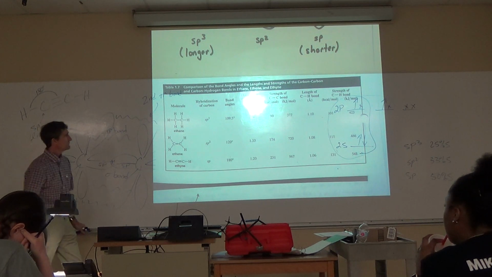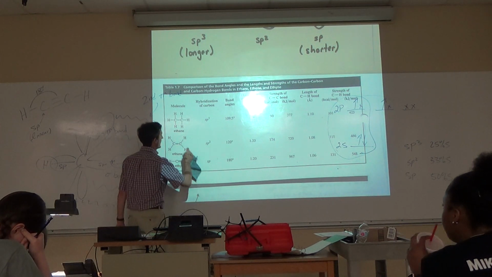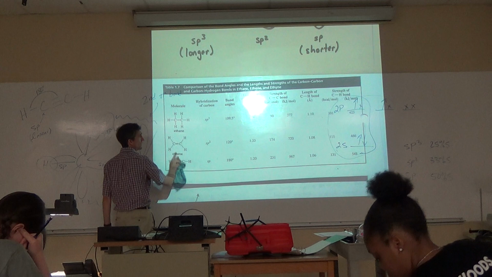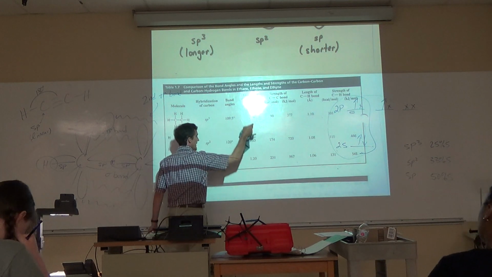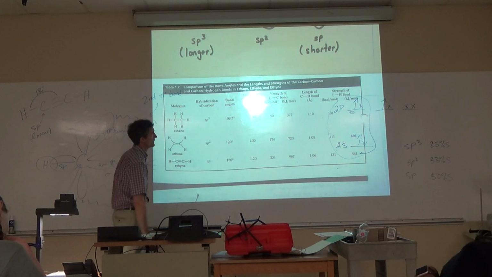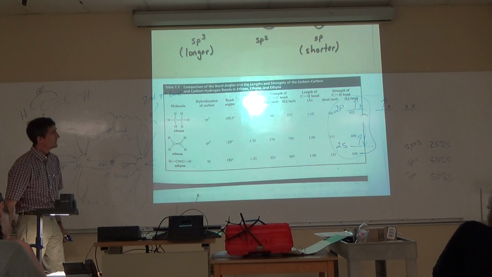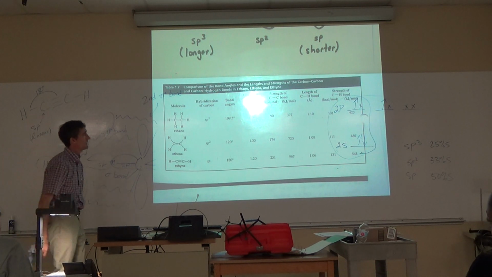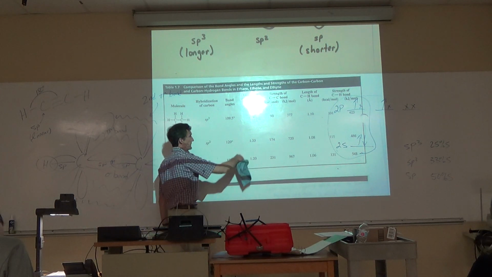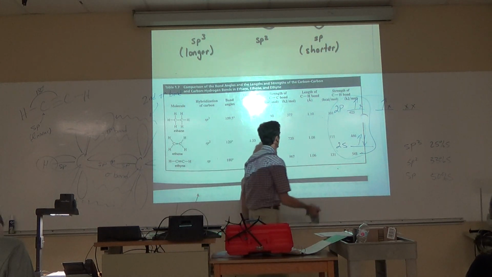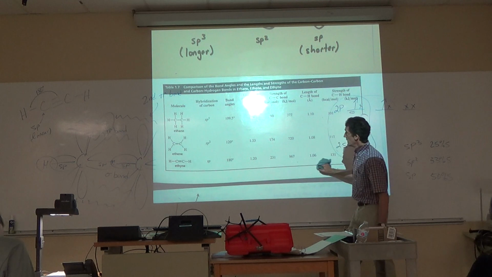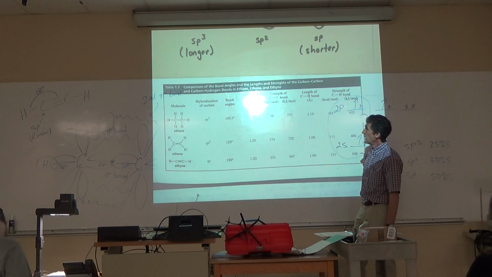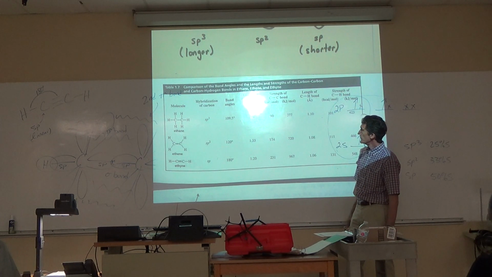Length of the carbon-carbon bond, 1.54 angstroms. We'll compare that to other numbers. Typical bond length is about an angstrom, somewhere in there.